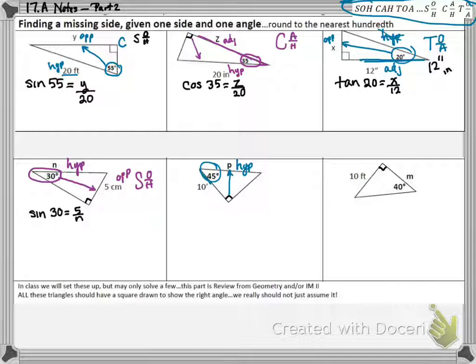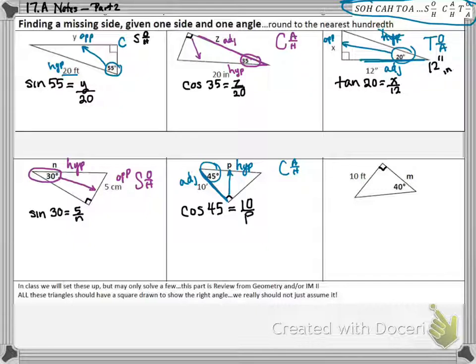And it is touching the 45-degree angle, which means it's the adjacent side. The one that uses hypotenuse and adjacent is cosine. Cosine is adjacent over hypotenuse. So I'm going to come down here and set this up. Cosine of the only angle I know equals the side adjacent over the hypotenuse.